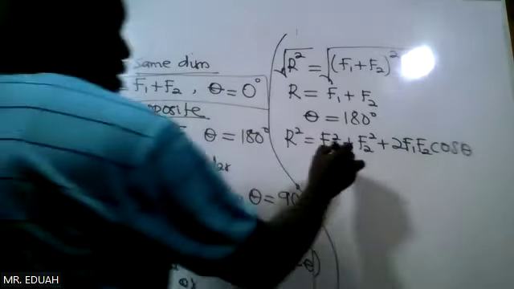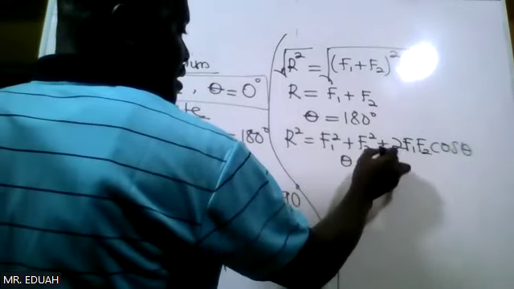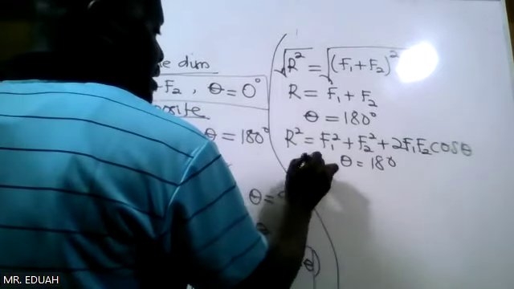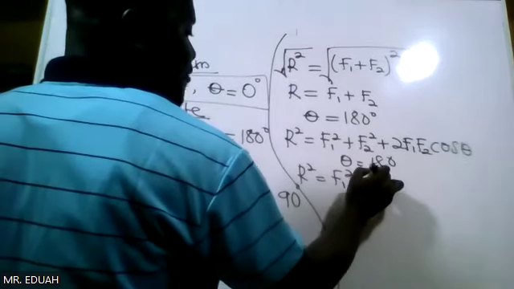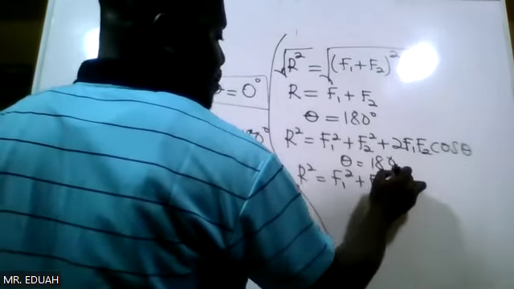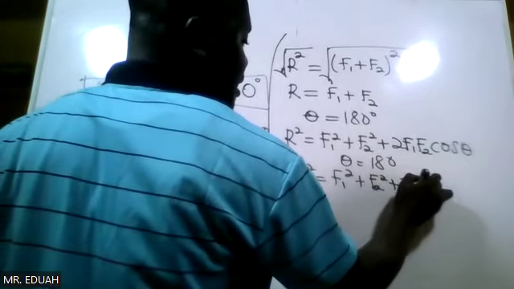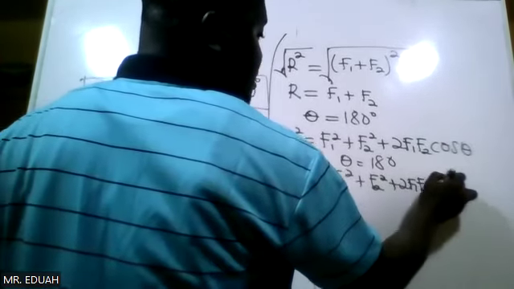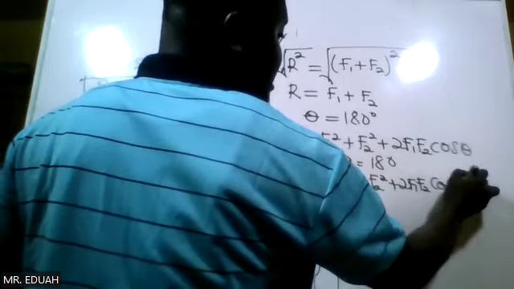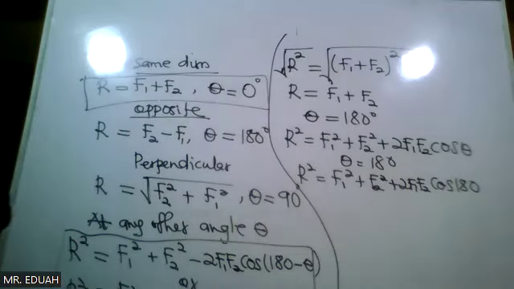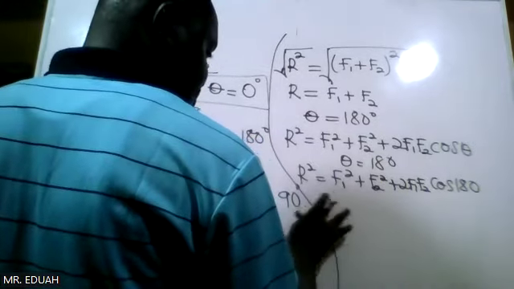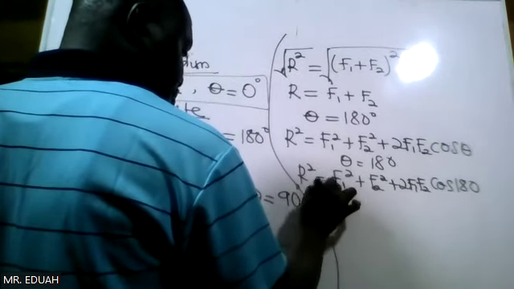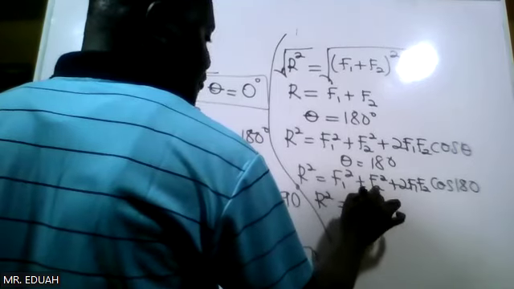So R squared is equal to F1 squared plus F2 squared plus 2 F1 F2 cos 180. What is cos 180? Minus 1. Good.